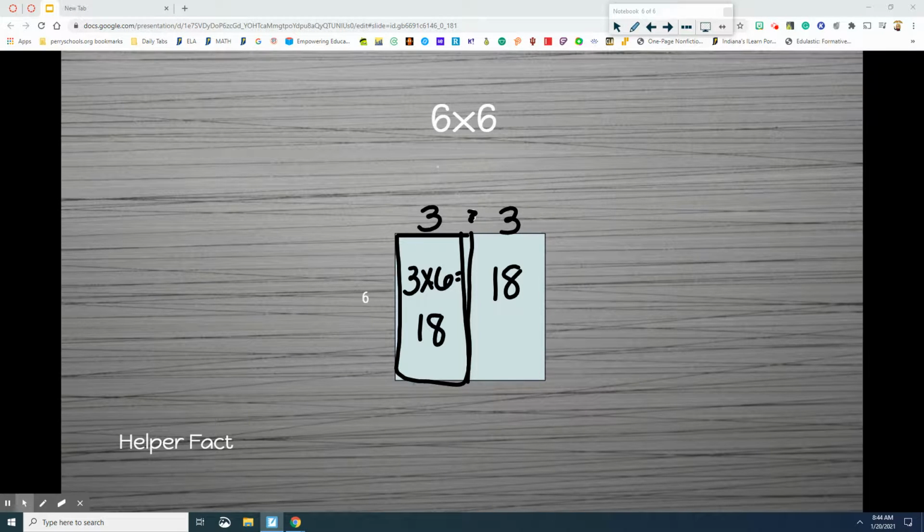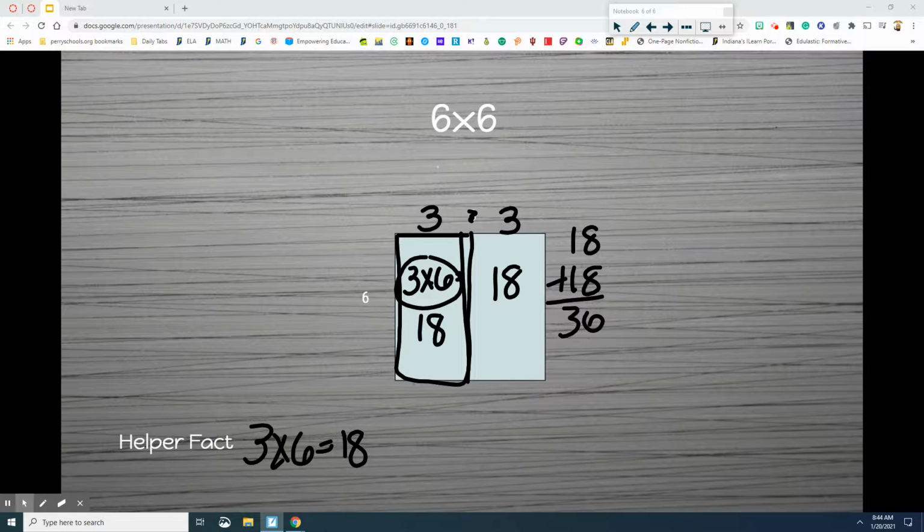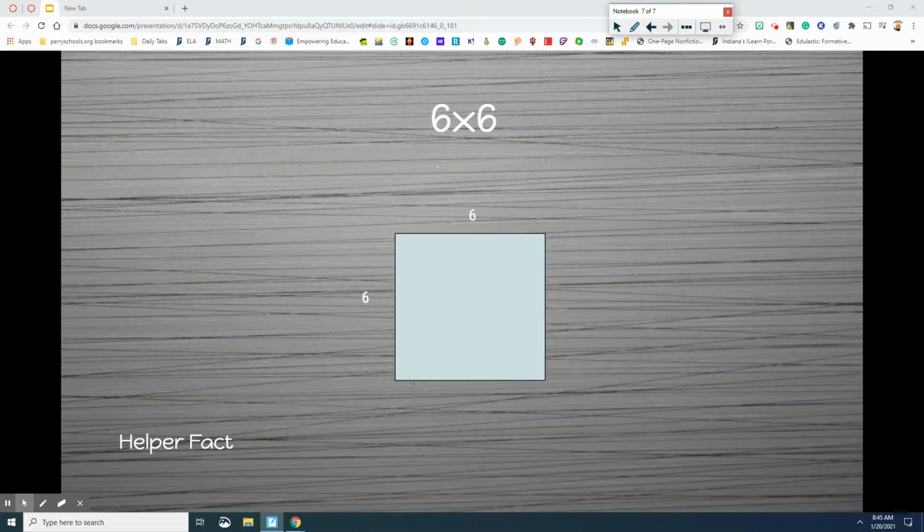So I can do my doubling by saying 18 plus 18 equals 36. My helper fact that I use, the one that I solved to try to help me, is this 3 times 6 equals 18. This is one way to use this to solve this problem. This is my doubling, the strategy for doubling.